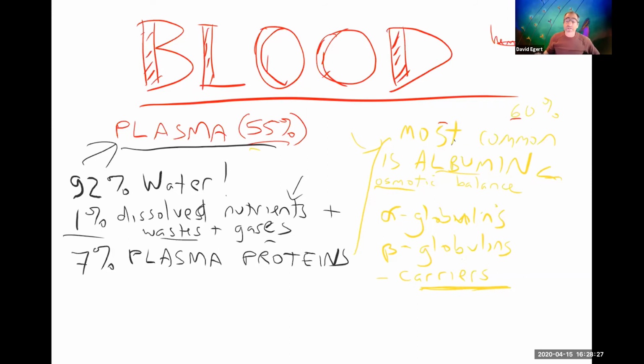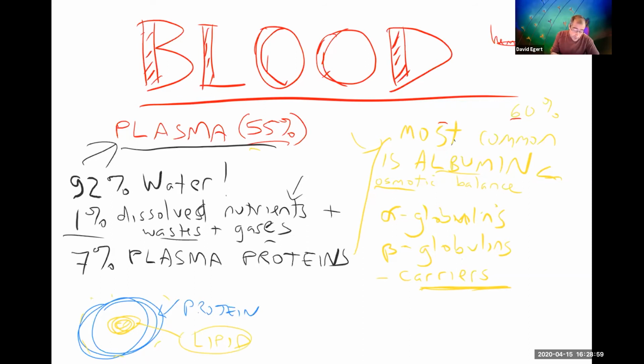We're also going to see fats are often moved through the blood as lipoproteins, where you have protein and lipid. That's another way you get non-polar things transported through the bloodstream: by making a complex with an outer coating that is hydrophilic and putting the hydrophobic thing inside, in the middle for storage.